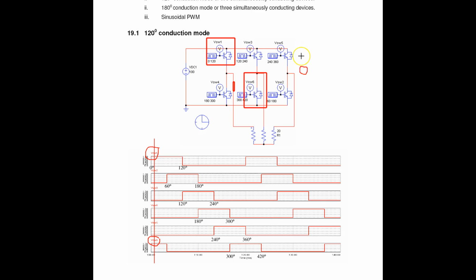Sorry for the drawing, it's not easy to sketch with the mouse. So we have a VDC input and it goes to that point, and when switch 1 is on, it appears as a short circuit, then it goes to that point and comes back to the phase 1 resistor, then goes to that point, back to that resistor, and then goes through that point, and through switch 6, it appears as a short circuit, so you simply draw a straight line and come back to the VDC, right?